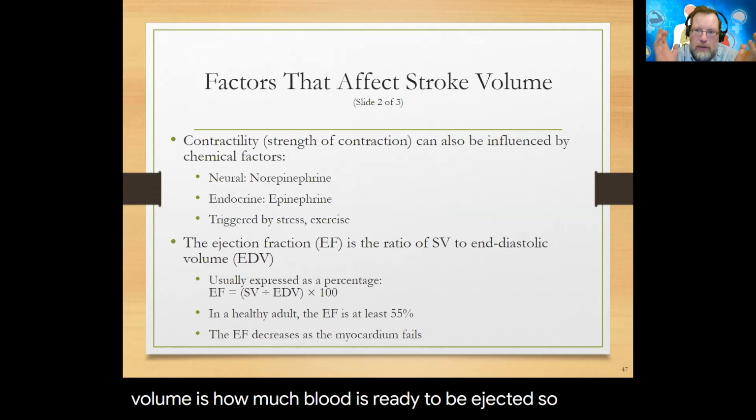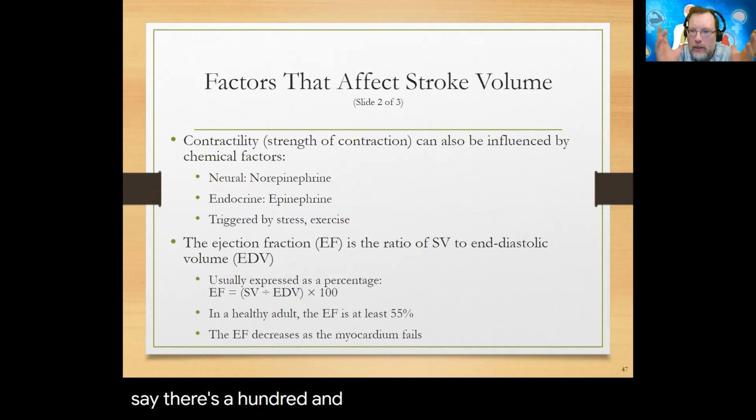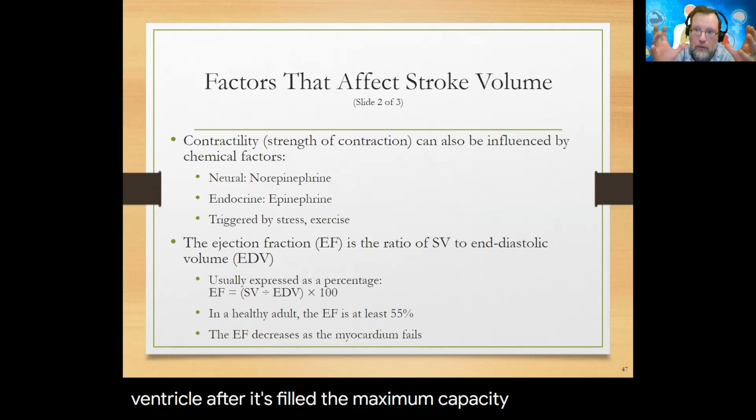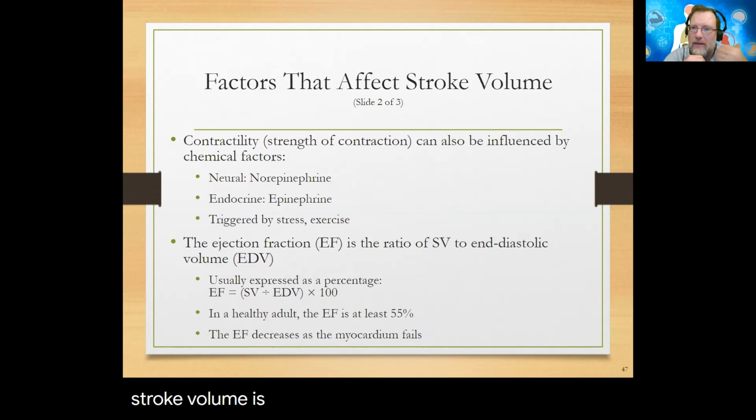If we say there's 120 milliliters of blood in the ventricle after it's filled to maximum capacity, and then the ventricles contract and the stroke volume is 70, then we're left with an end systolic volume of 50.